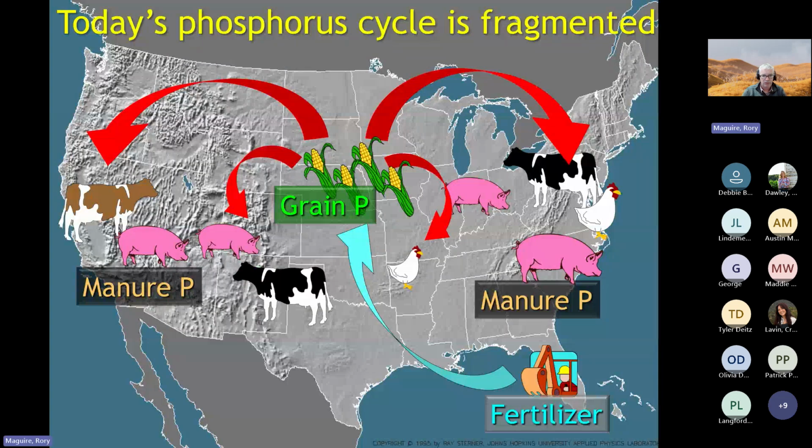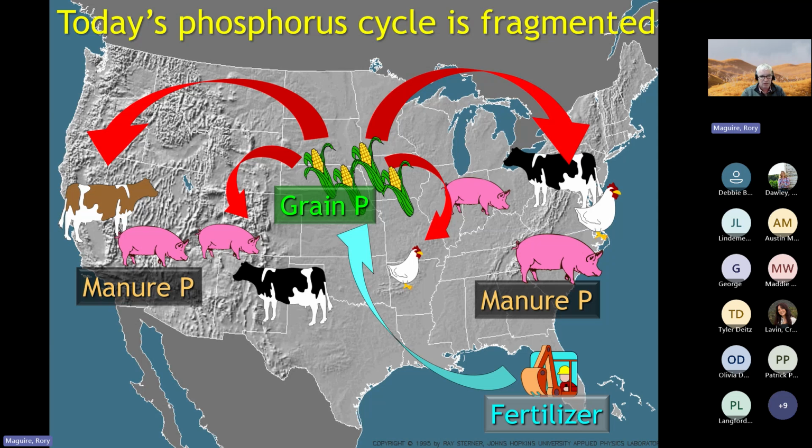In terms of some of the imbalances that Paige showed you, why do we have these imbalances in manure? Why isn't the manure production spread out? It's because of the economies of scale. The soils in the Midwest are great for growing corn and soybeans, so a lot of corn and soybeans are grown there. In our area, we're close to markets for meat, so it's very economically sustainable to have a feed mill, a slaughterhouse, and a lot of chicken houses or dairy or swine close to those facilities.